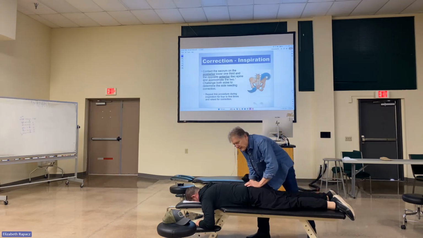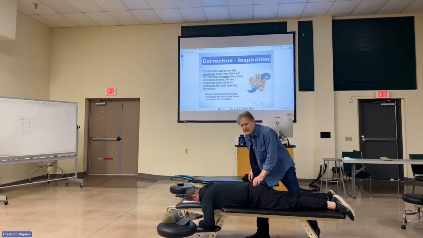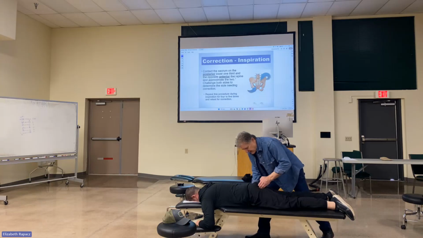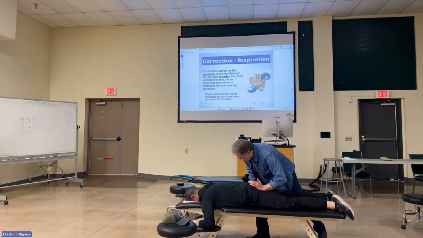Okay. So once again, breathe in, and hold the breath. That's how I'm going to correct it. So it's just like a cranium, only it's a sacrum. I use the heel of my hand a lot just to save my fingers. Once I get a good capture there, I'm holding here. Breathe in.